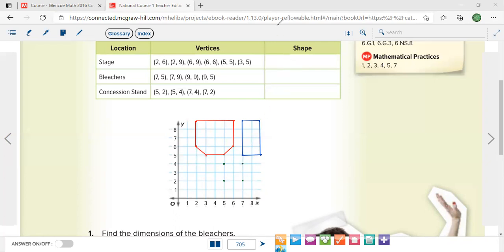Takes the shape of a square, because this side is 2 units and this is 2 units as well. And this is 2 units as well, and this one also is 2 units, so it is a square.